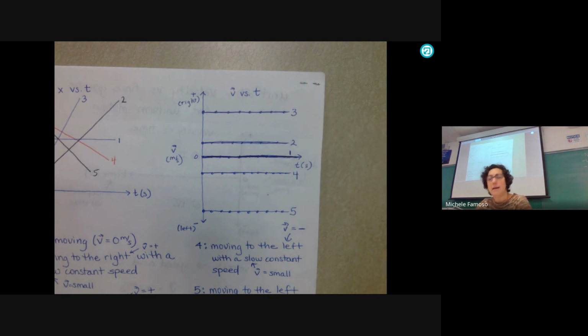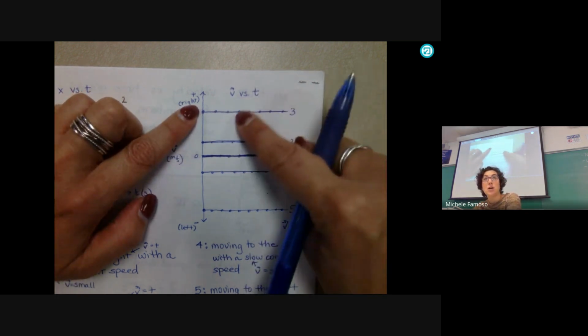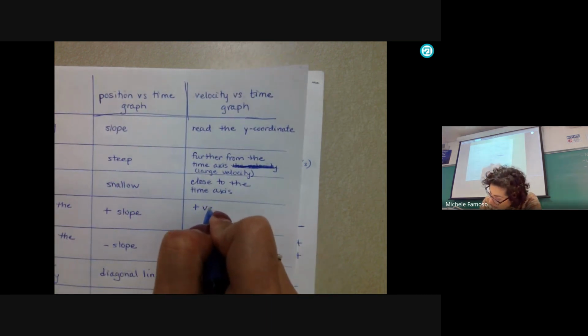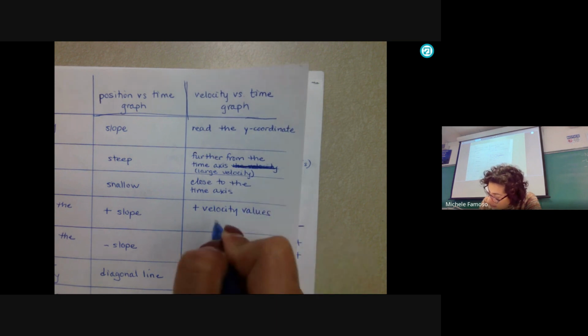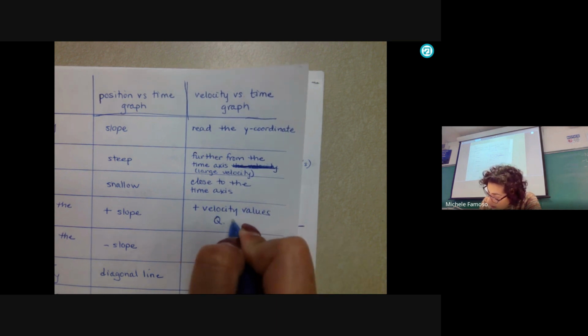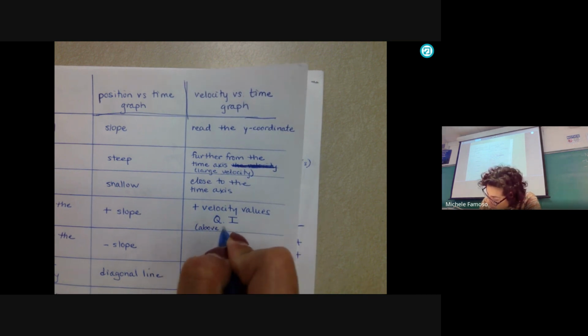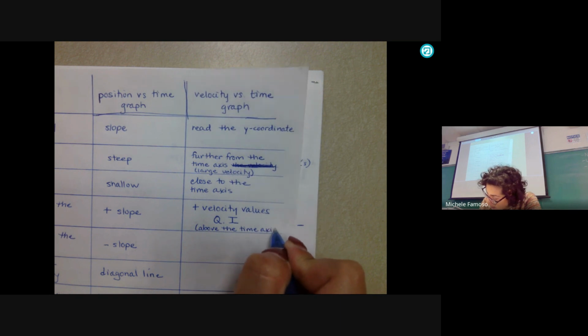How can you tell that? Yeah, they're above, up in quadrant number 1. That's right. They have positive velocities. And positive velocity values occur in quadrant 1, which is above the time axis.